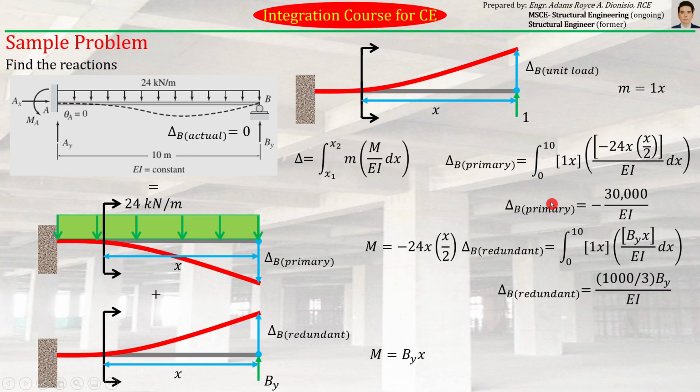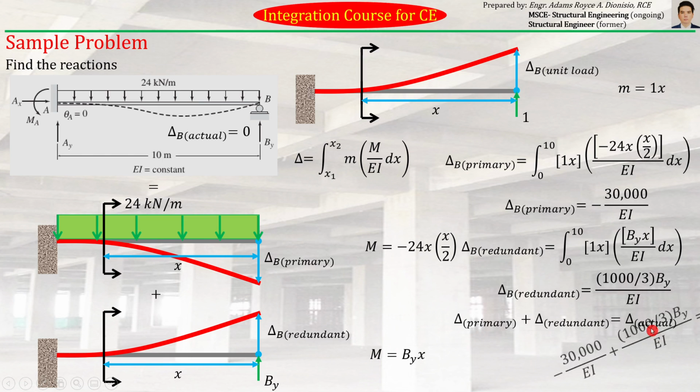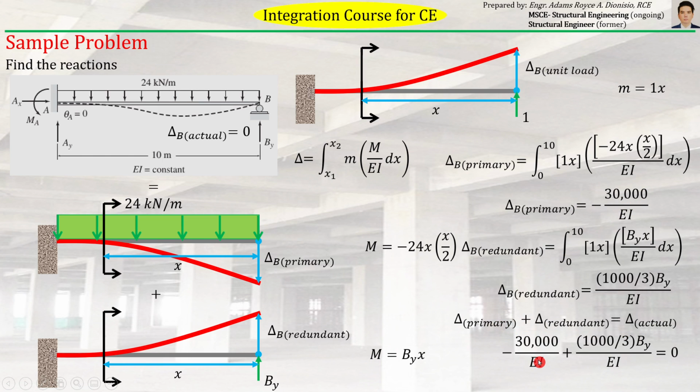Again, by the method of consistent deformation, dapat yung sum nila, yung sum ng dalawang deflection na yan at joint B dito, must be equal to the actual deflection, which is equal to 0. So in equation form, delta B primary plus delta redundant must be equal to the delta actual. Substituting the corresponding values, delta primary, which is this, plus delta redundant, which is this, equal dapat to 0.